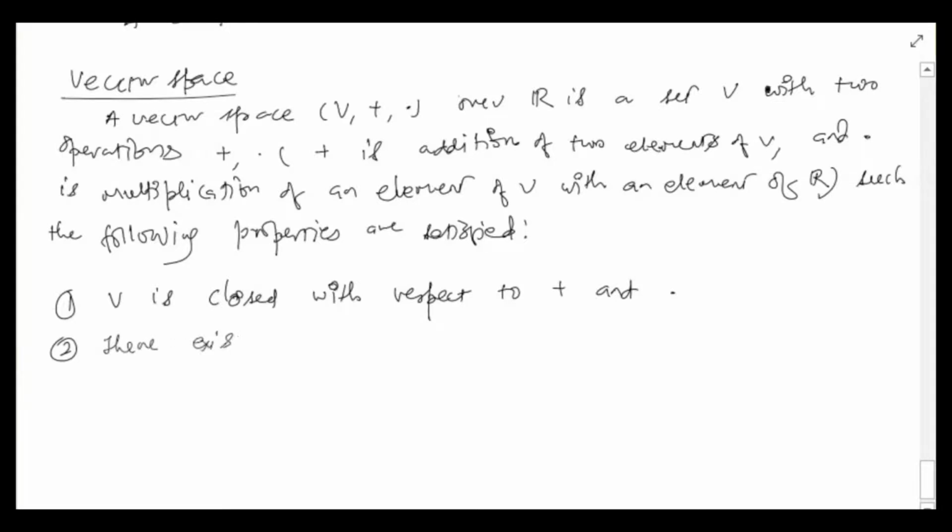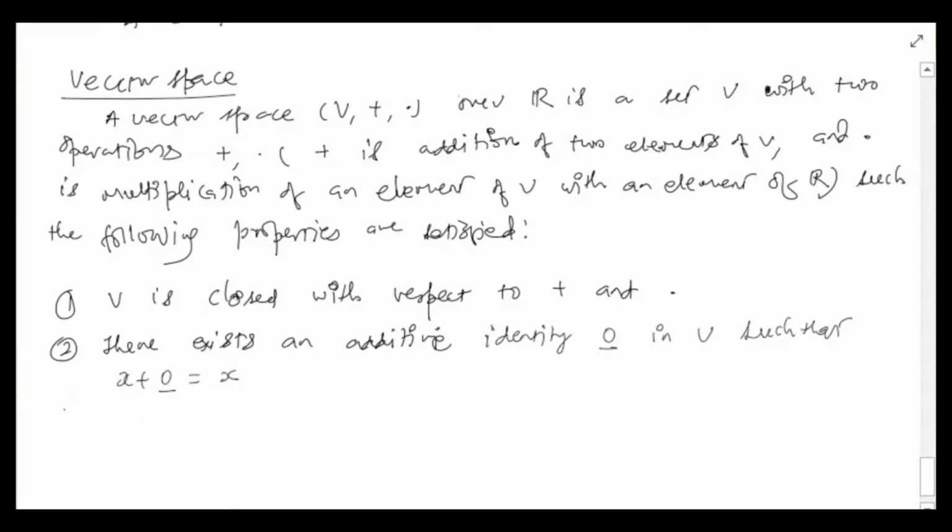There exists an additive identity, a 0 vector in V, such that if I add this to any element of V, I'll get back the same element.